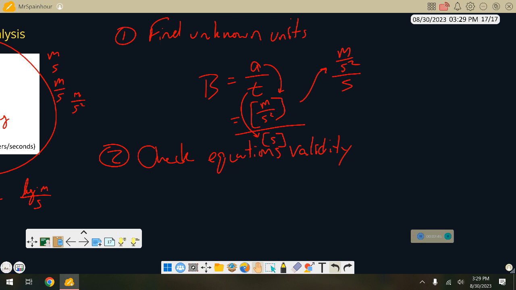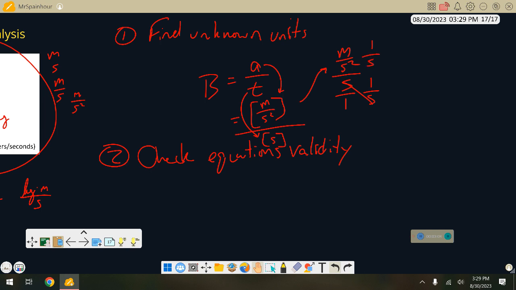Now, be careful, particularly with this type of complex fraction, because you might look at this and immediately go, oh, the seconds cancel. Well, technically this is a complex fraction because on top we have meters per second squared, and on bottom we have, as I just made it, seconds over 1. So to simplify a complex fraction, we multiply by the reciprocal of the bottom.